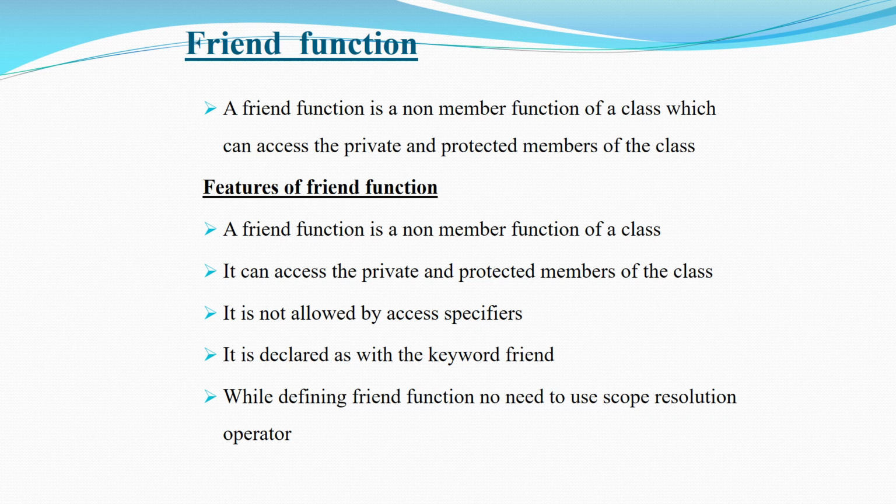The friend function is a non-member function that is guaranteed access to the private and protected members of a class. Once again, I repeat, the friend function is a non-member function that is guaranteed access to the private and protected members of a class.